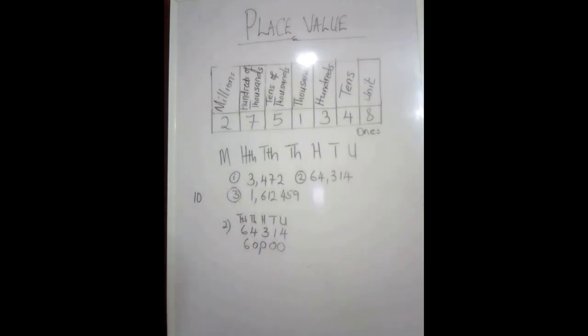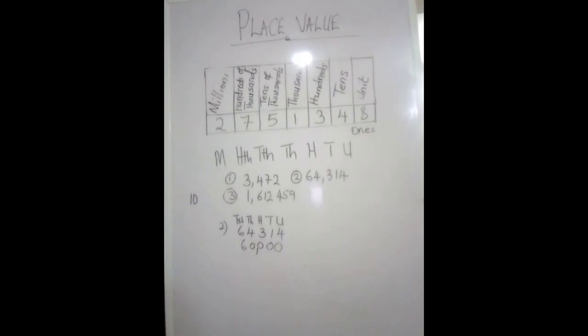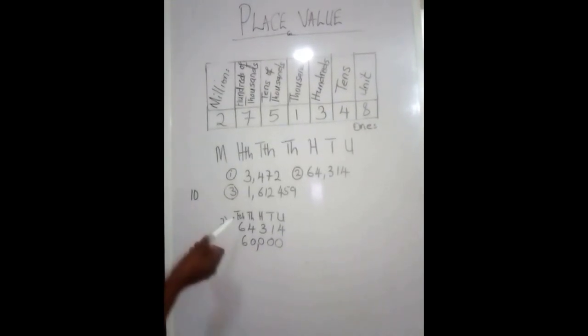So the place value of this 6 is 60,000. The place value of the 4 is 4,000.